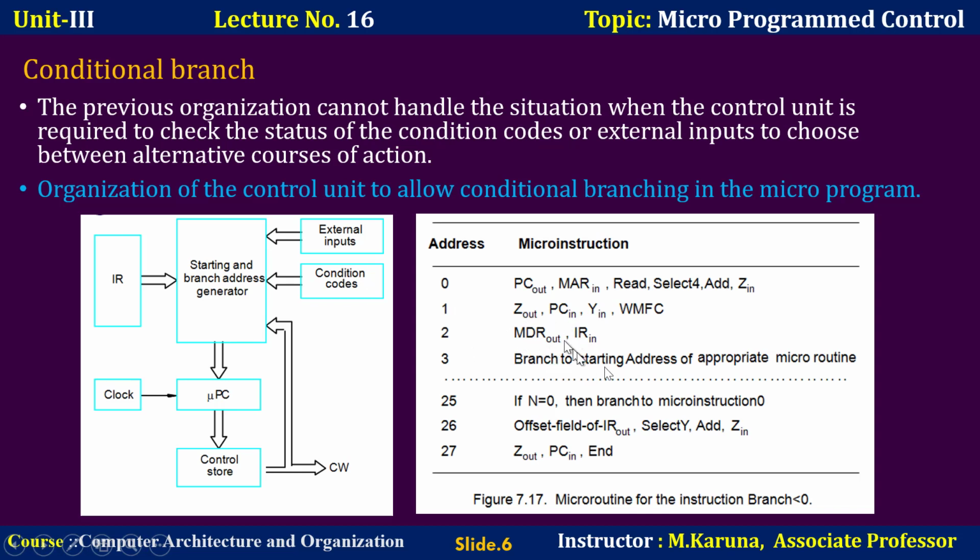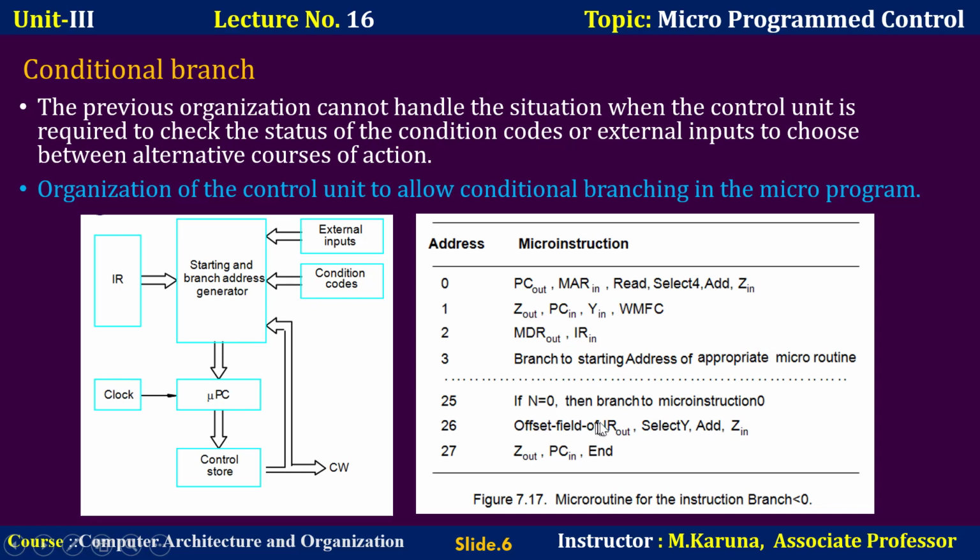If a branch instruction occurs, there are two types, conditional branch or unconditional branch. If a conditional branch occurs, if n equal to 0, based on this condition, then branch to micro instruction 0. Then the PC will be loaded with the target address, that is 0 address, because it has to jump to micro instruction 0.